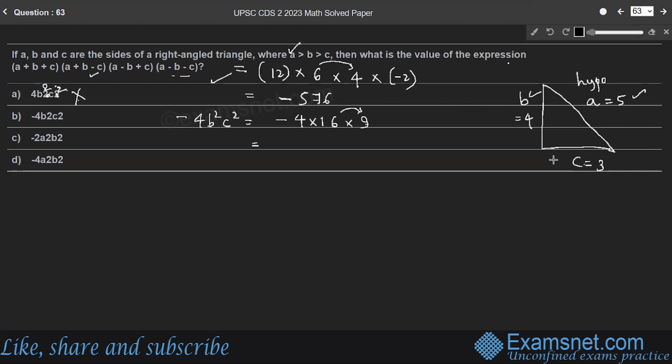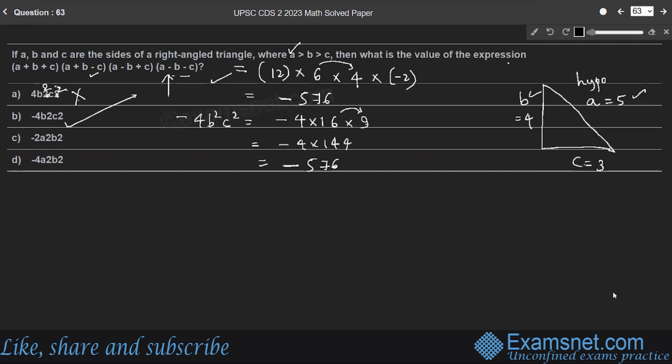So 16 into 9 is 144, into 4 is 576, with a negative sign. Therefore, option B is the right answer, which gives the same value as the given expression.